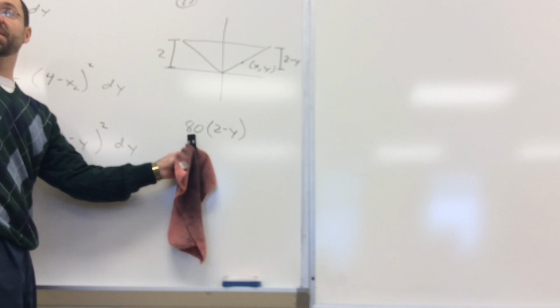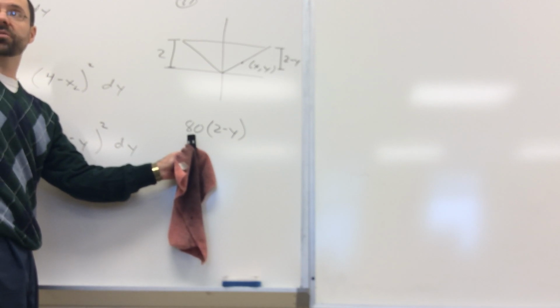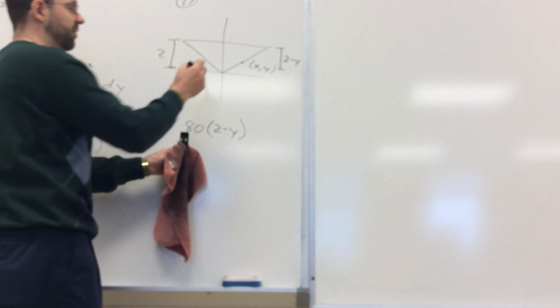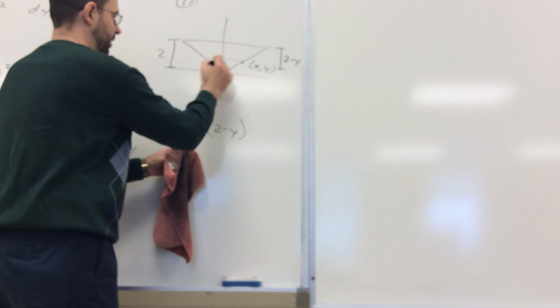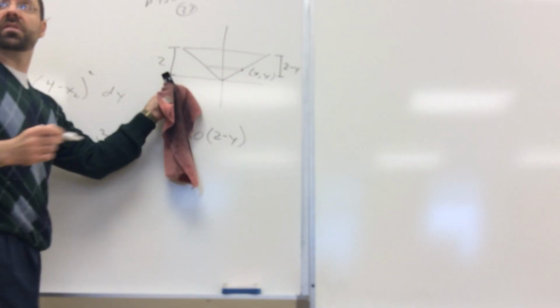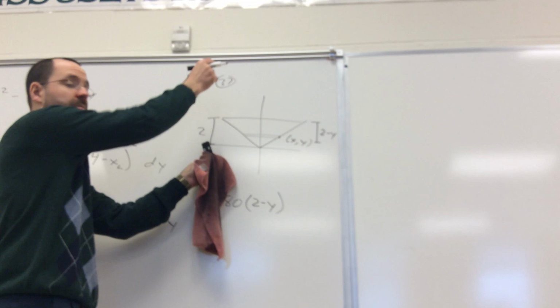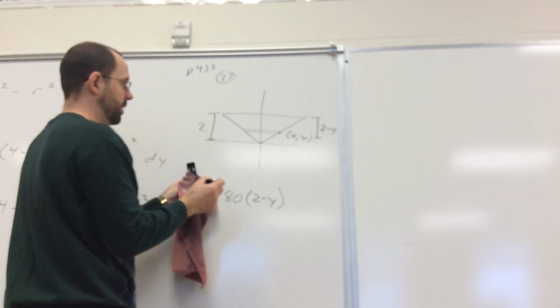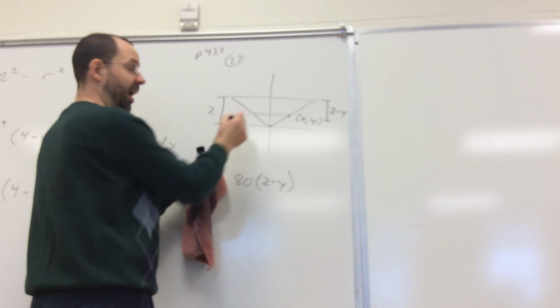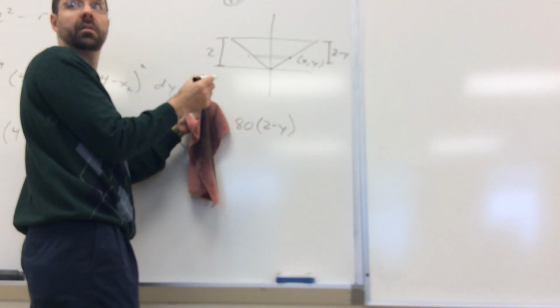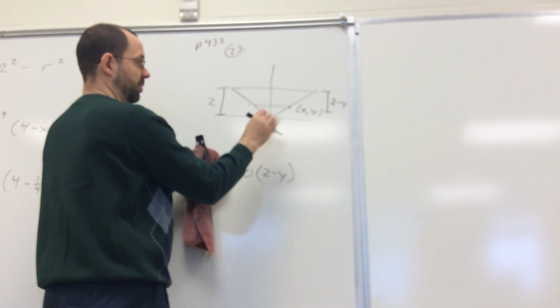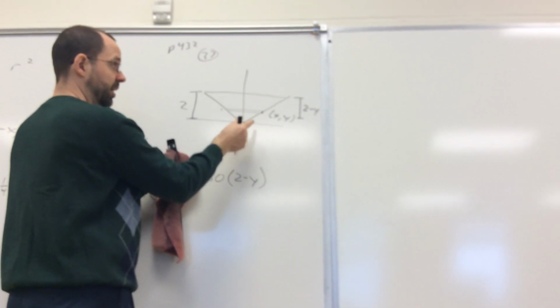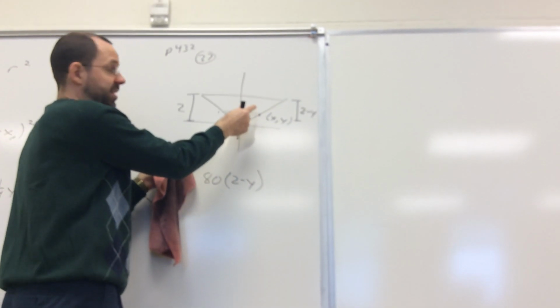Then you have to multiply by the area to get the force, right? But we need a little bitty area at that depth. And then we're going to add up all the different forces. Okay, so the area at that depth, well, the height is dy. And the width, well, if this point is x comma y, then that distance there is x.